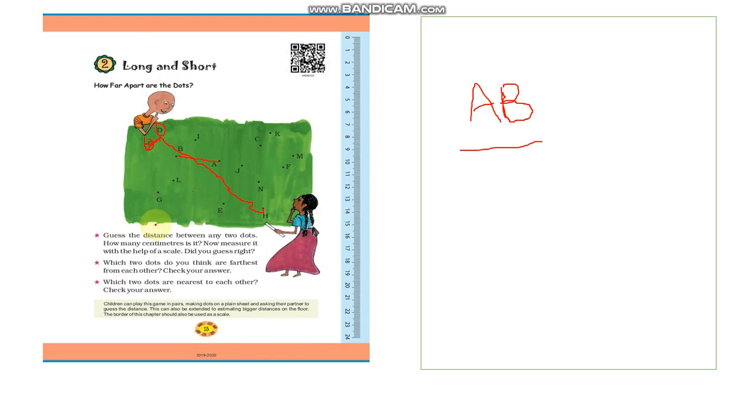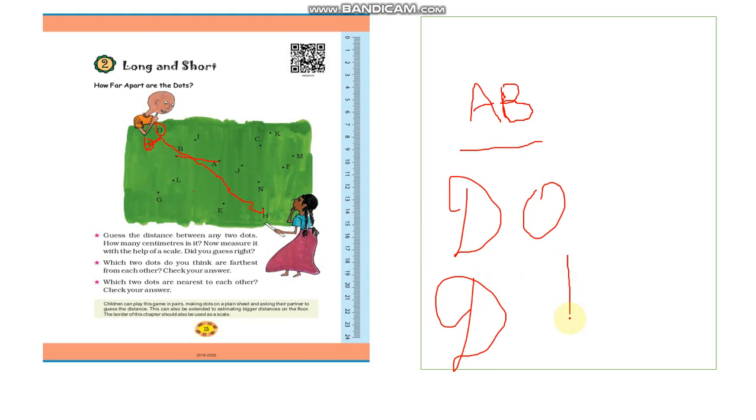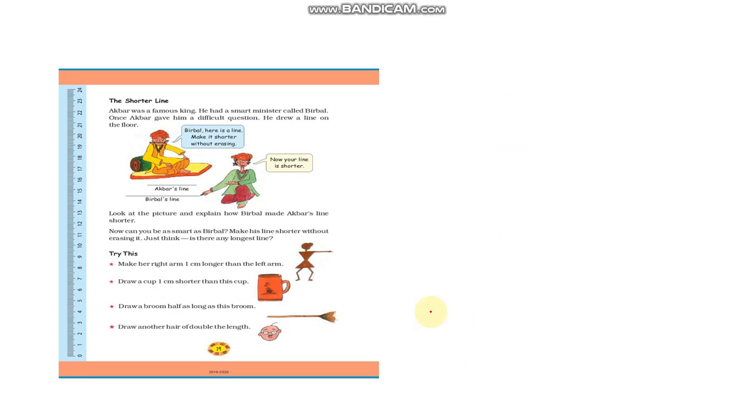I think D and O are the nearest, and the farthest may be D and H. Okay, students, this may vary. By using your scale you can measure G, M and so on. According to my knowledge this may be the farthest. You take your scale and measure it yourself. Okay, students, let me move to the next one.